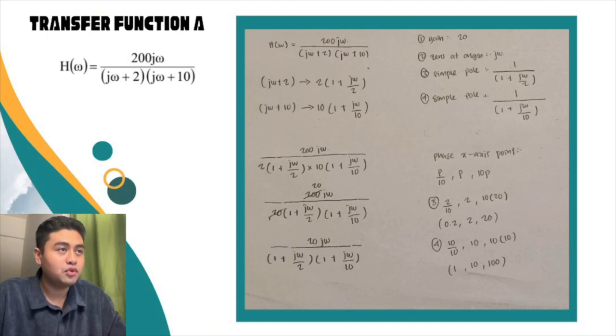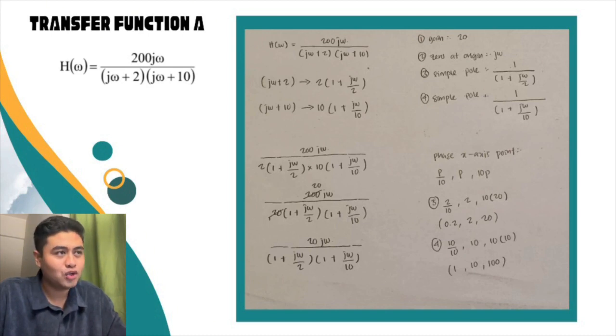On the slide, I simplify the denominator into simple poles. jω plus 2, I convert into 2 multiplied by (1 plus jω over 2), and jω plus 10, I convert into 10 multiplied by (1 plus jω over 10).